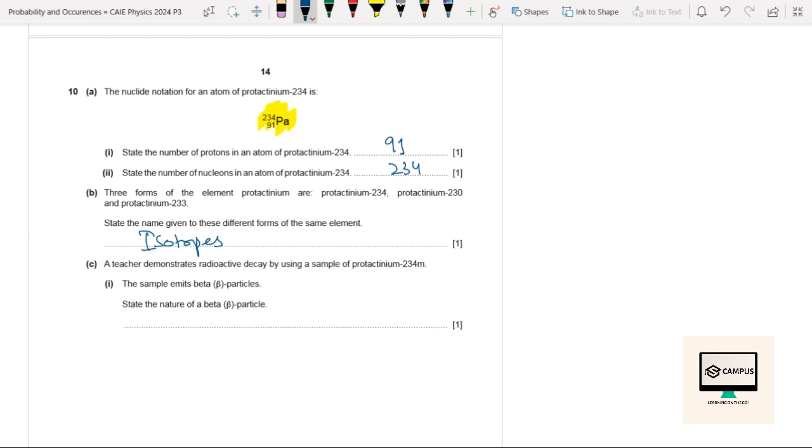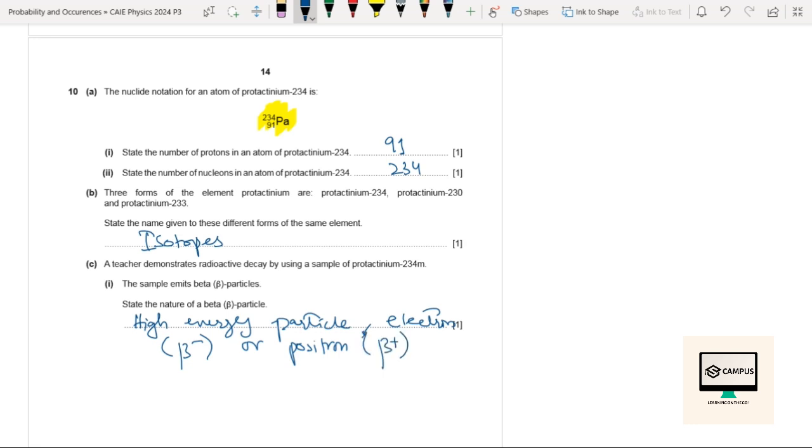So a beta particle is a high energy particle. It can be an electron, in that case it will be called beta minus, or a positron, in that case it will be called beta plus, depending on the positron or electron.